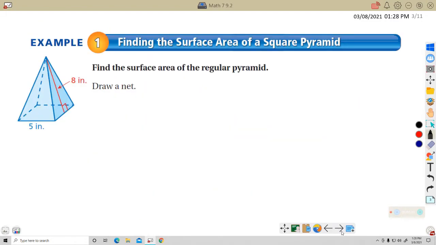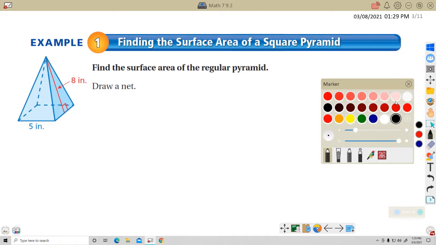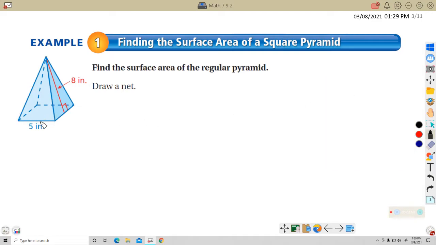Okay, so let's find the surface area of this square pyramid. We've got two dimensions that we're concerned with. We've got this square base that has an edge of 5. They're telling us it's a square pyramid, a regular pyramid. That's 5, 5, 5.